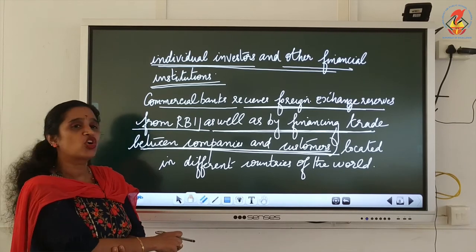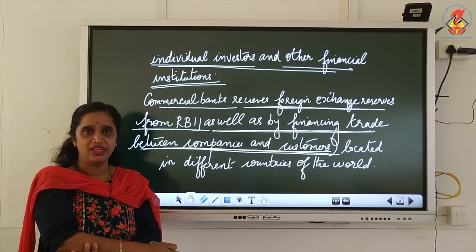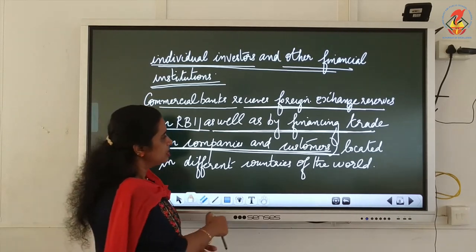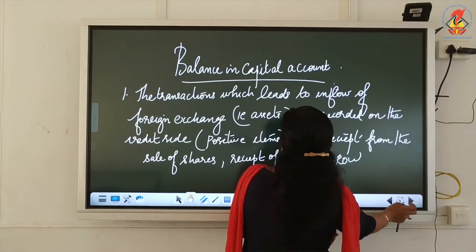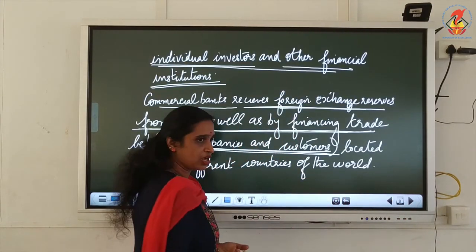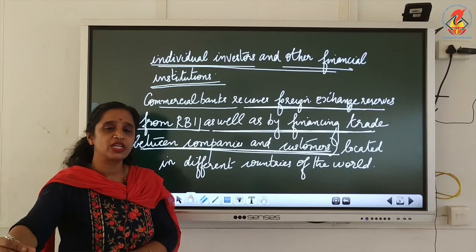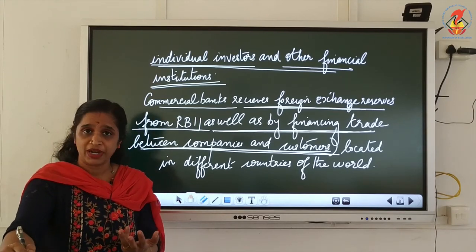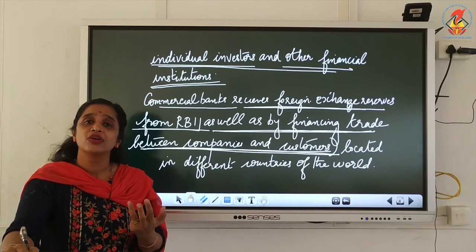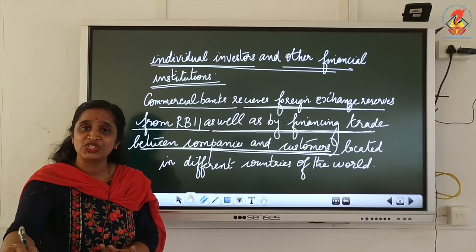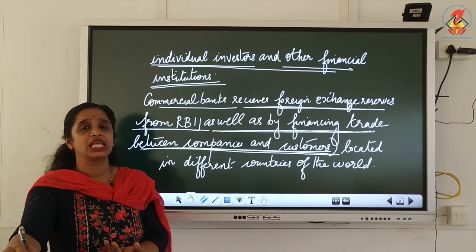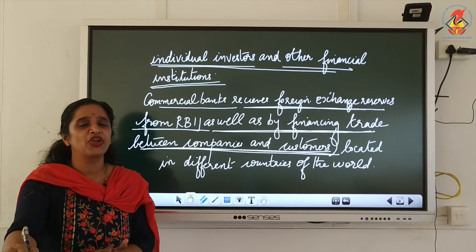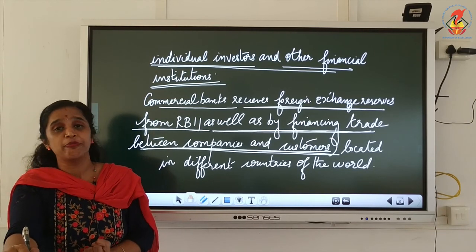This is how the commercial banks and the RBI accumulate the foreign exchange reserves. So this is all about the components of the capital account. What are the components of the capital account? The capital account consists of private transactions, official transactions known as government transactions, then foreign direct investment, then portfolio investment, and the last one, banking capital.